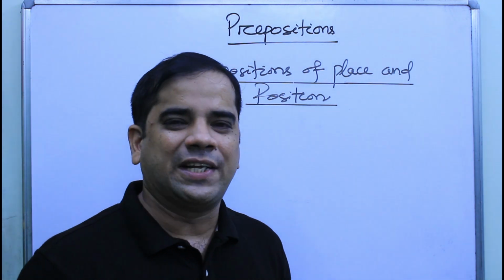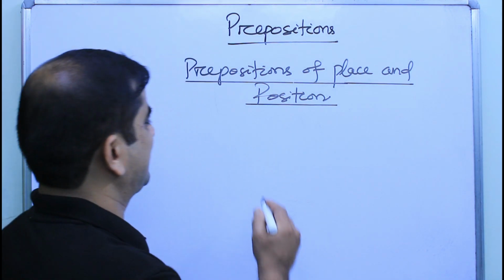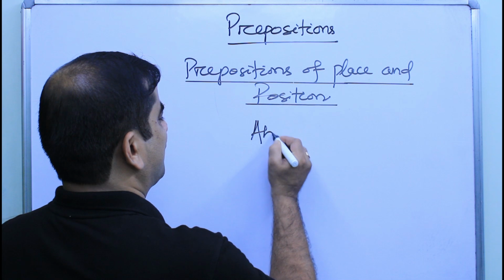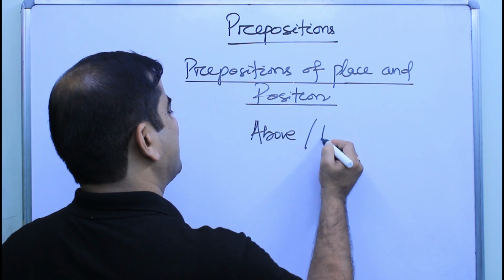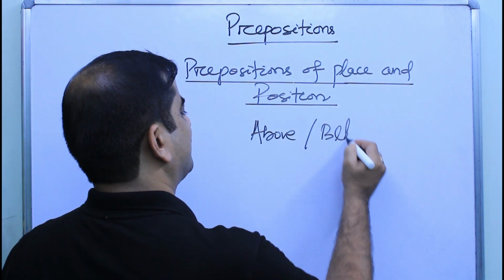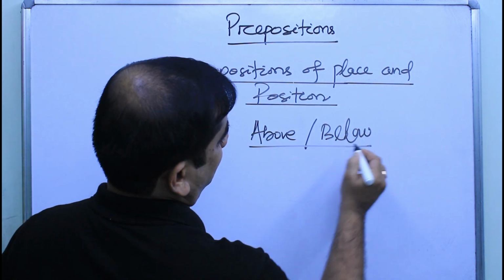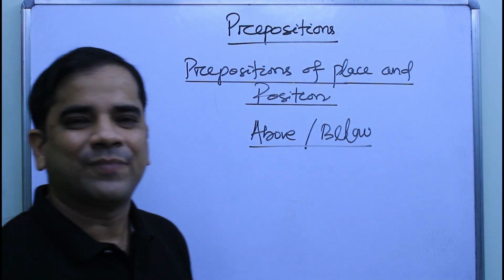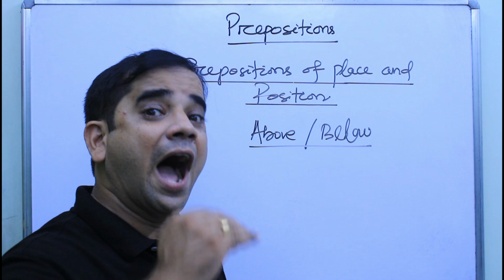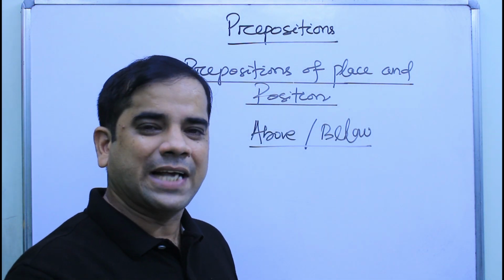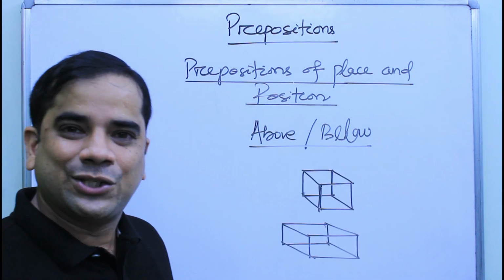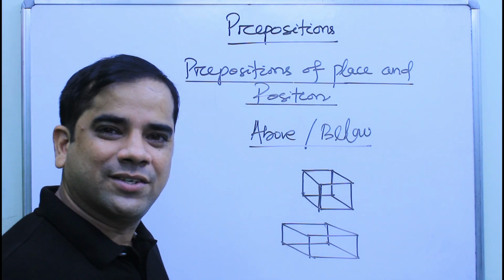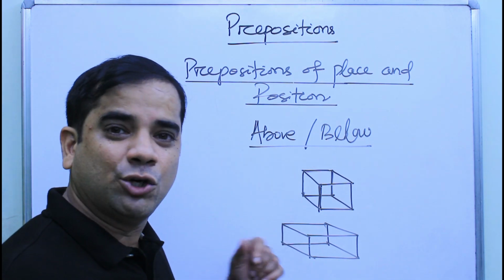Students, let us now discuss the prepositions above and below. Above means at a higher level and below means at a lower level. Students, just have a look at these pictures. There is a cube and a cuboid.